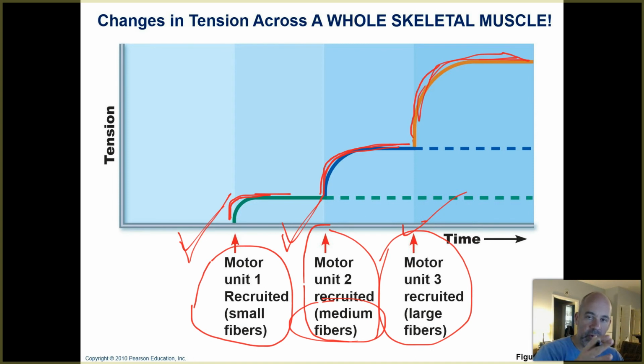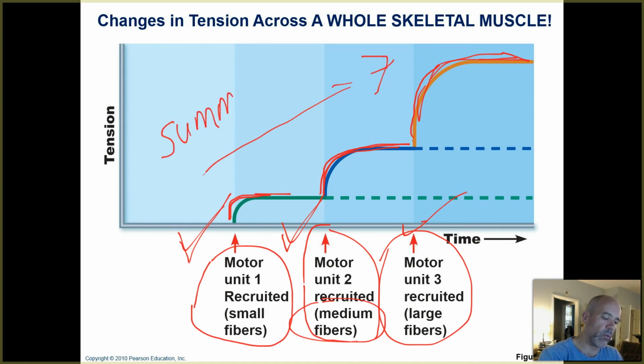Their muscle fibers are all going to be contracting, and that's going to increase your force. This is a summation of forces. So with more stimulation coming from the brain, you actually summate or add up the contraction forces from those 3 motor units.